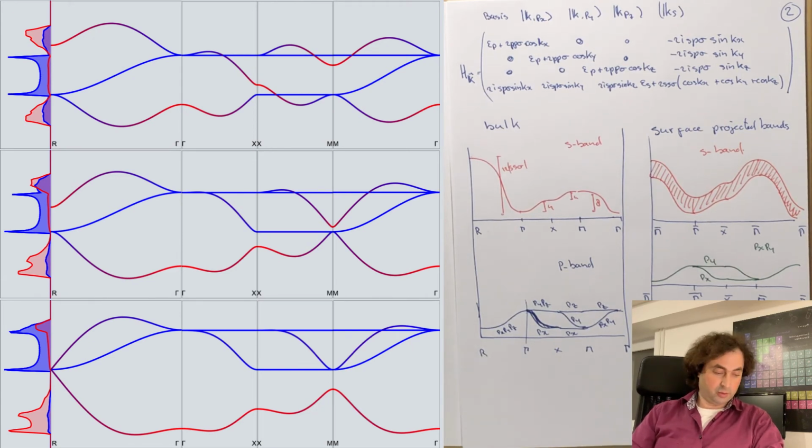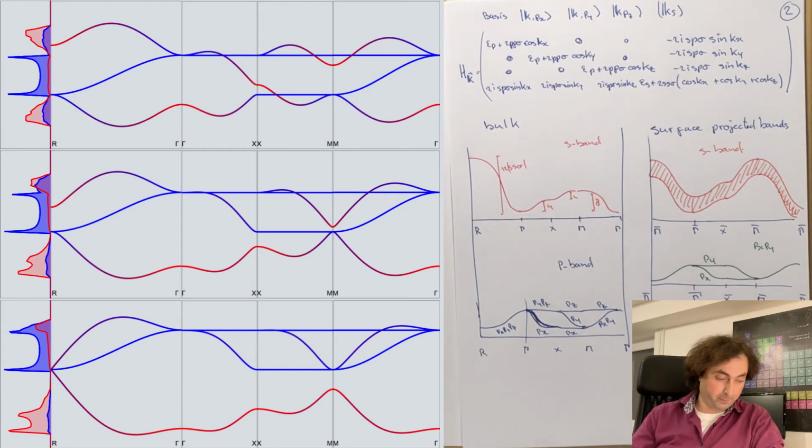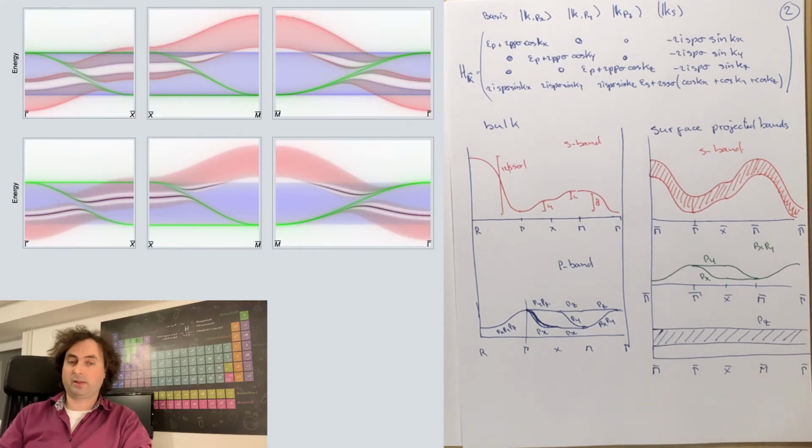So good so far. Then we can of course now lower the energy of the S band until it's below the P band, and then of course there is a gap between them because you're just below them. We can also look at the surface projected bands as well as calculating the true surface bands.